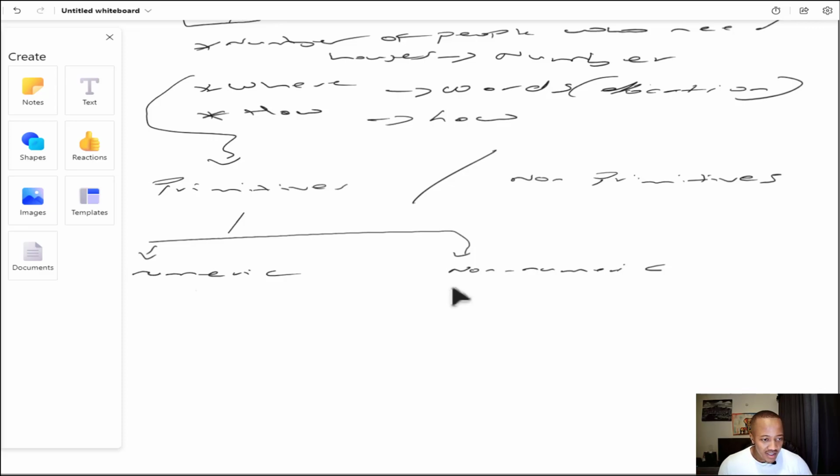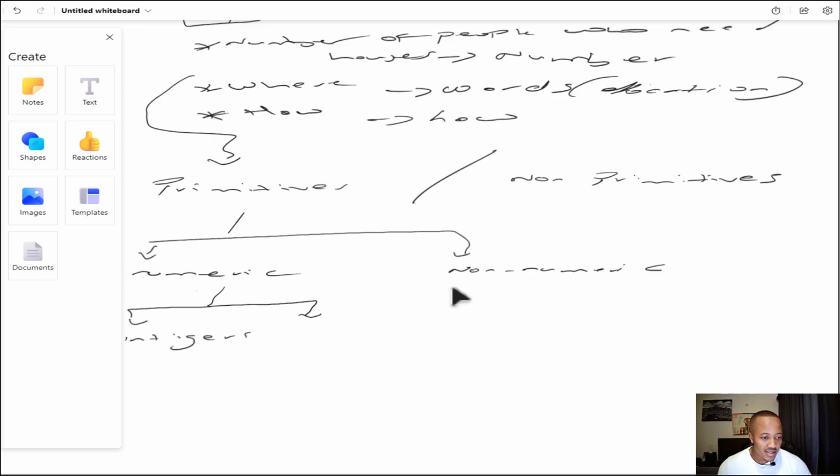Then inside numeric, it's also divided into two. As far as you know, you have whole numbers, right? You have your 1, 2, 3, 4, 5, 6, 7. Then you have fractional numbers, your 1.5, 1.12345. Those are your fractional, your decimal numbers, right? So it will be what? Your integers.